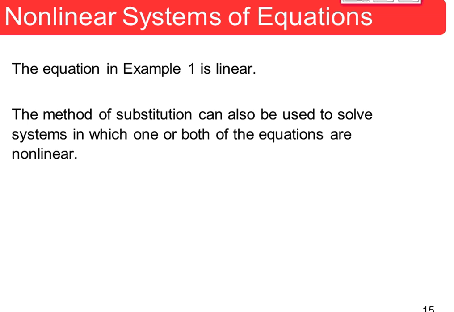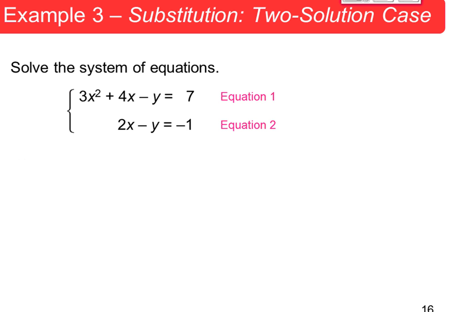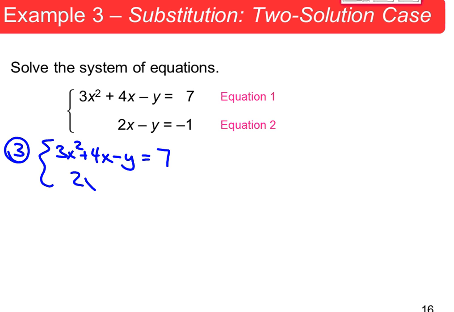So the equations in example 1 were linear, and substitution is used there. But now we're going to use substitution again. One is linear, one is not linear. So this is number 3, and it's 3x squared plus 4x minus y equals 7, and 2x minus y equals -1.